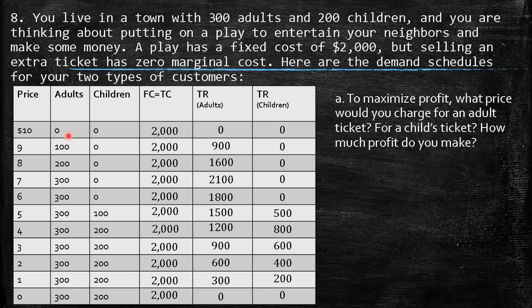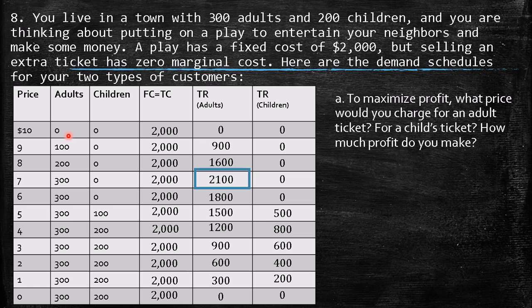And here we are. Then the first question says, to maximize profit, what price would you charge for an adult ticket? So definitely, remember that the total cost is exactly the same, it's constant, so we're going to just have a look at the total revenue. So the highest total revenue should be this one, which is associated with a price of 7, and at that price the adults will consume 300, so everyone will pay.